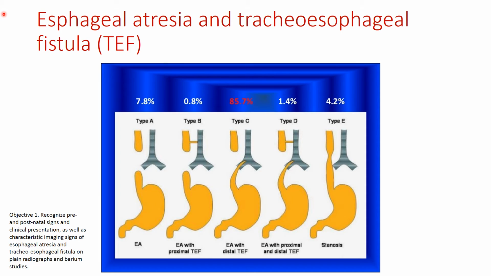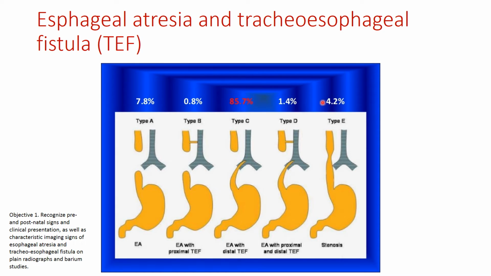We're going to start off with esophageal atresia and tracheoesophageal fistulas. And we really need to include both of them together because these congenital tracheoesophageal fistulas have an associated esophageal atresia. And there's basically 4 types of tracheoesophageal fistula.